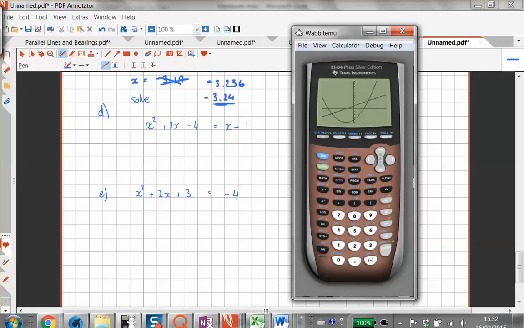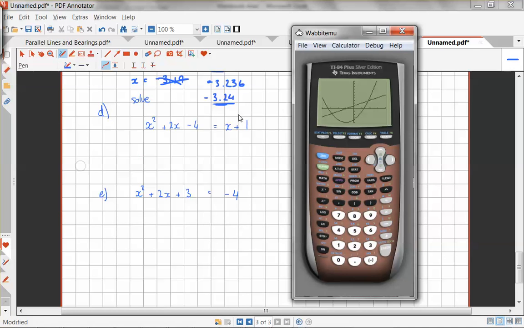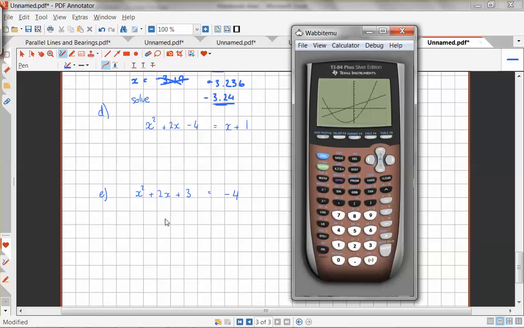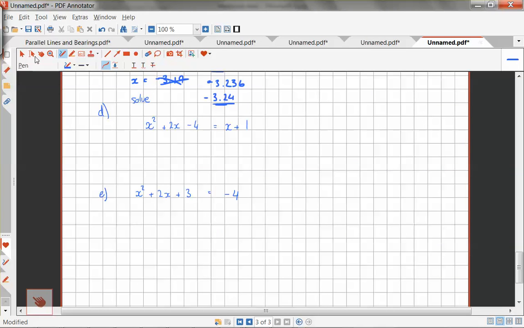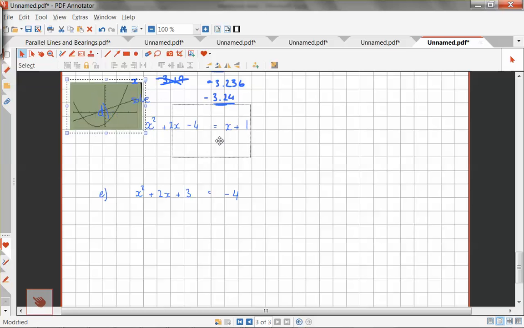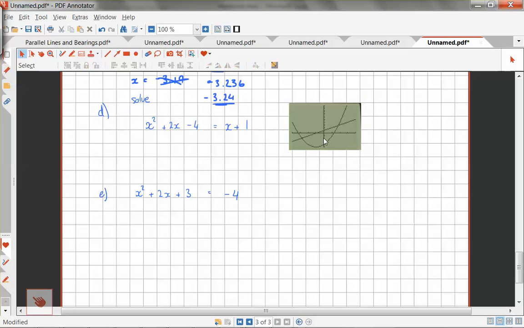Okay. Let me just take a little snippet of this so it's in my notes. Right, so there's what it looks like, and now I've just got to find that point there. Find that point and find this point.